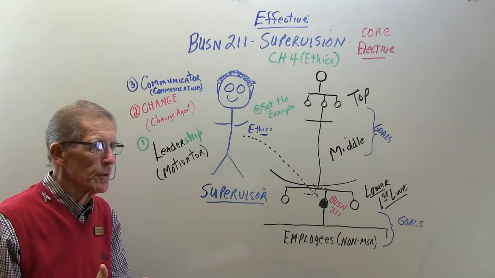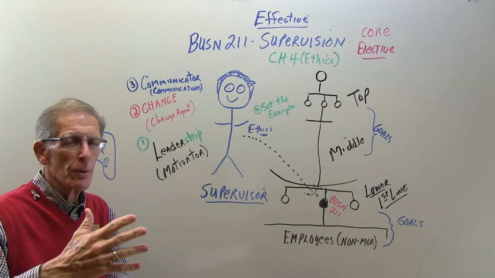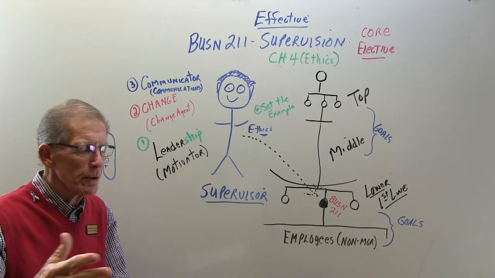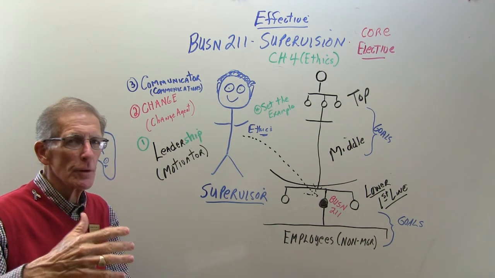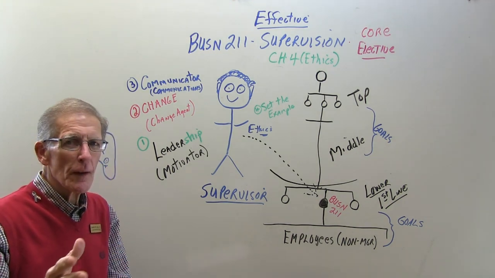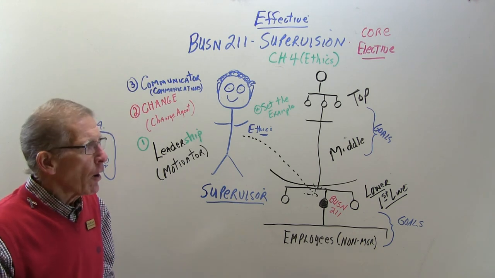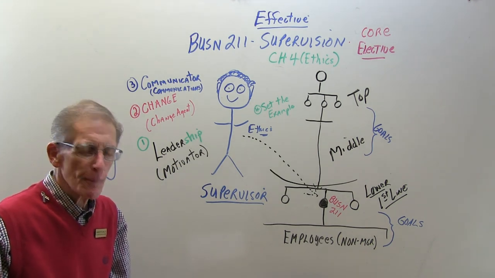Black and white approach, what's right's right, what's wrong's wrong. Full potential, how your decision might affect people to reach their full potential, and the best ratio approach, the most good for the most people. Just be familiar with those. I want you to know the supervisor's role, but I just want you to be familiar with those three approaches. I also just want you to be familiar with the organization's role in ethics. Okay?